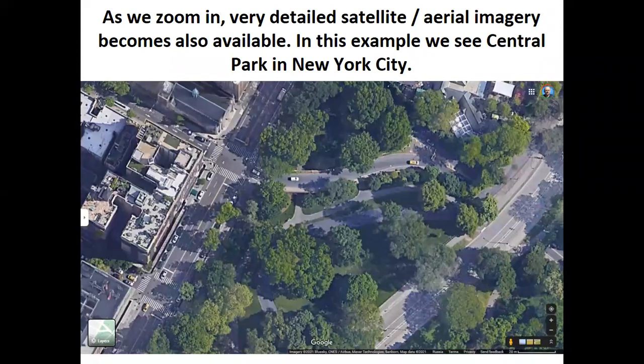Here we see part of New York City, the famous Central Park, and I believe this is not even satellite imagery, but aerial imagery in this particular case. In fact, you never know for sure which particular imagery Google uses.